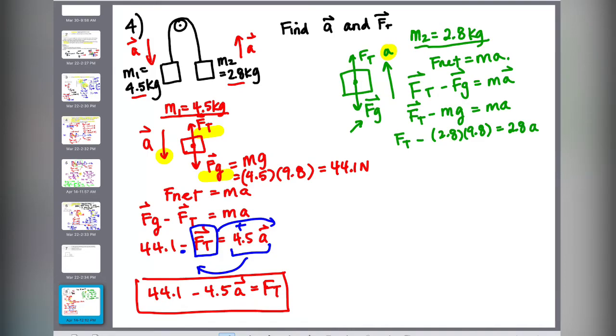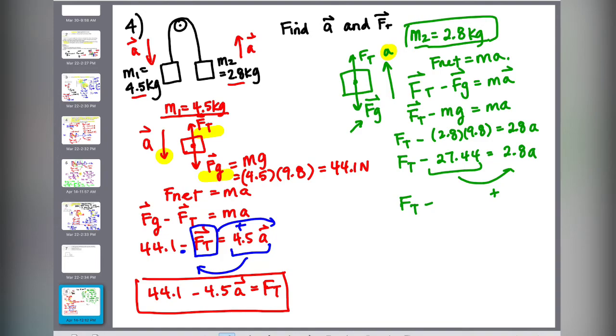That's why it's so important that you're careful to list which mass you're working on. So Ft minus 27.44 equals 2.8 times A. Bring this over to the other side by adding. Ft equals 2.8A plus 27.44. This is now my equation number 2.